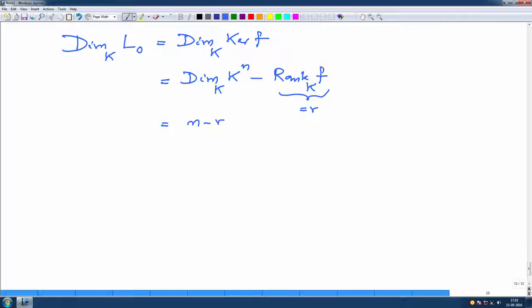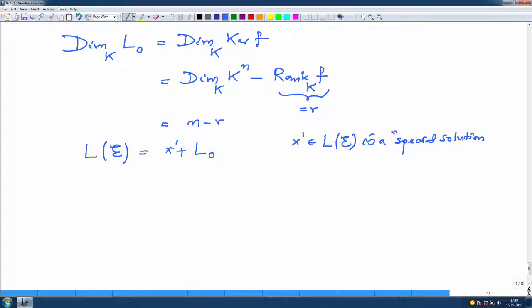And then we have proved that the solution space L of E is nothing but this affine space x prime plus L0, where x prime is a special solution in L of E. You find somehow the special solution, and once you know one solution, then all other solutions are precisely the elements of L0 added to that special solution.